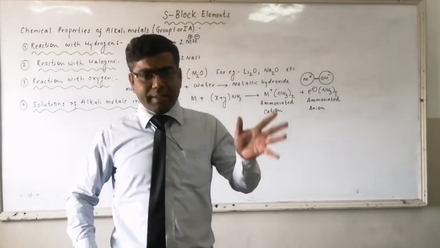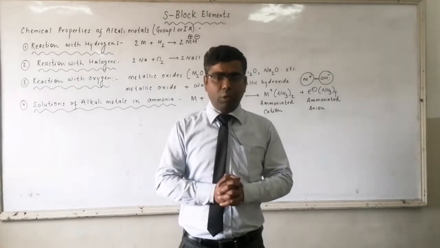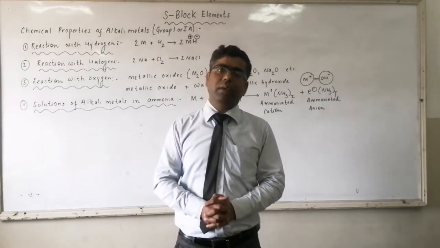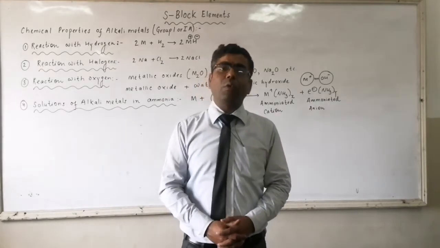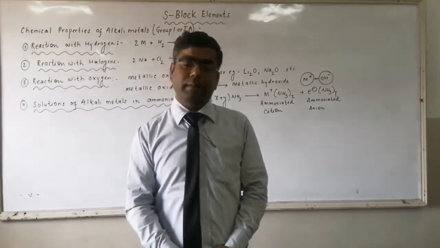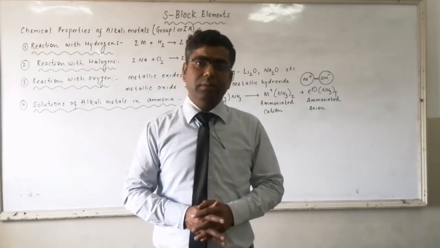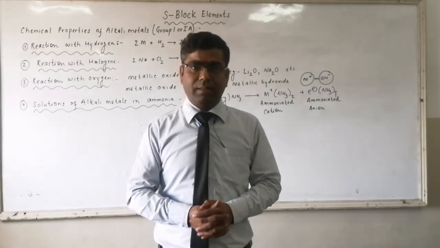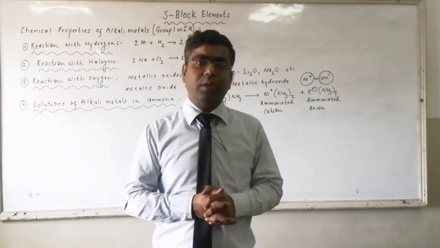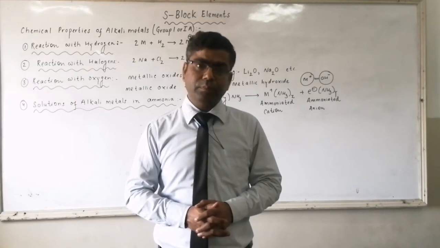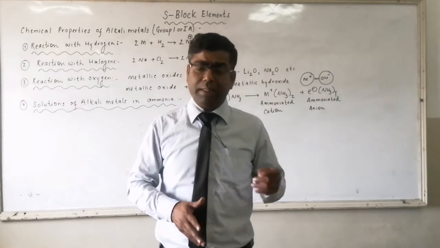Due to large atomic size, their ionization potential is very low. Electrons can be removed very easily, or less energy is required for the removal of the electron. And for the same reason, the alkali metals are treated as the most electropositive elements of the periodic table. And they are highly reactive also because they can lose electron easily.